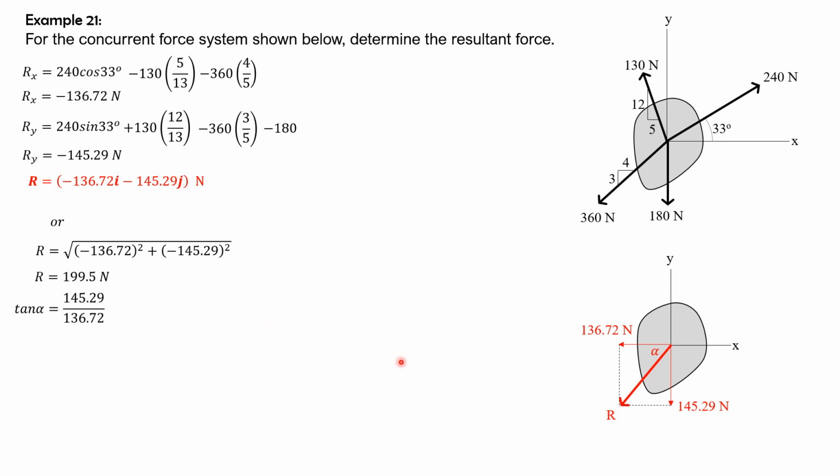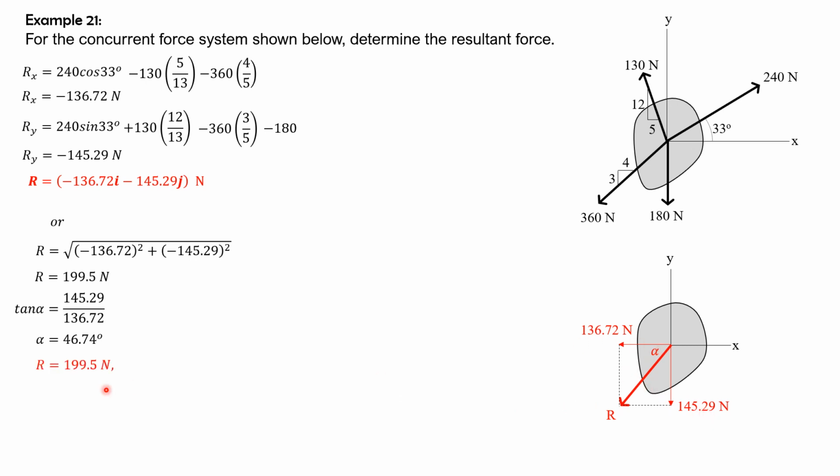Then let's solve for alpha, treating this as a right triangle with, of course, positive dimensions. But remember that the direction of the resultant should be measured from the positive x-axis, counterclockwise positive. So the angle should be 180 degrees plus alpha. From the figure, tangent of alpha equals opposite 145.29 divided by 136.72.